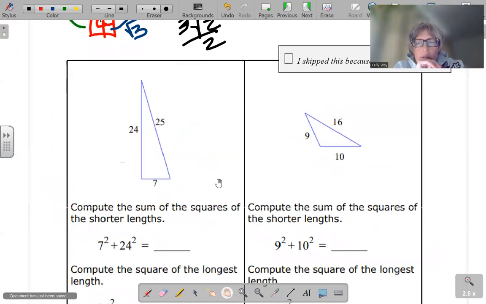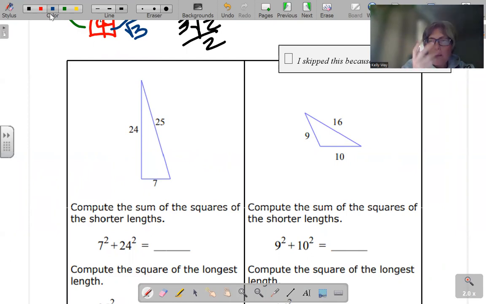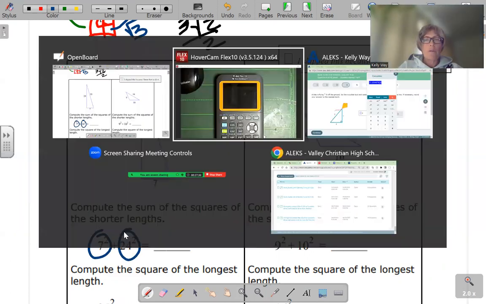Now in this one, we're going to be using what's called the test for acute, right, or obtuse angles. So you apply the Pythagorean theorem, leg squared plus leg squared equals hypo squared. So right here, we're doing 7 squared plus 24 squared.